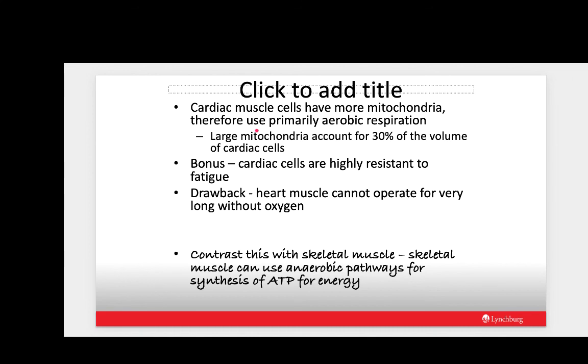Cardiac muscle cells, we talked about them before. They have a huge amount of mitochondria, about 30% of the volume of the cell. This makes cardiac muscle cells highly resistant to fatigue as long as they have enough oxygen present. The bad part is that heart muscle is highly dependent on oxygen.